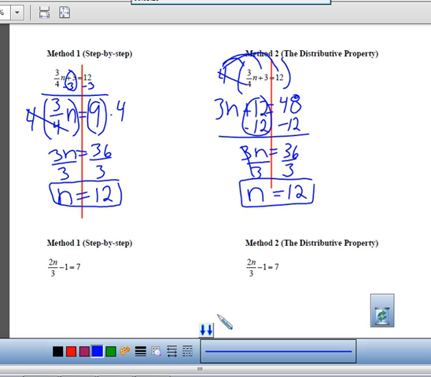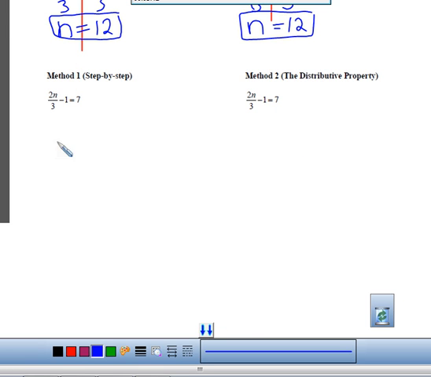Alright, so let's look at the next problem. We're going to do the same thing, two different strategies. So first one, the step-by-step. Now this time, first I'll add 1 to both sides like we would, and then I'll bring down the 2 over 3n equals 8.